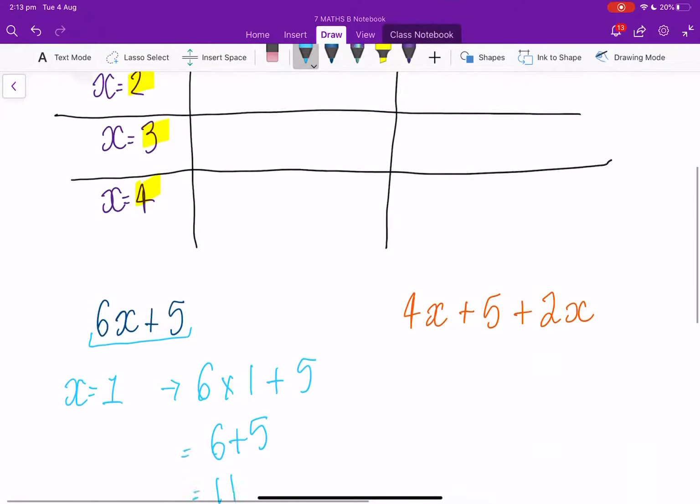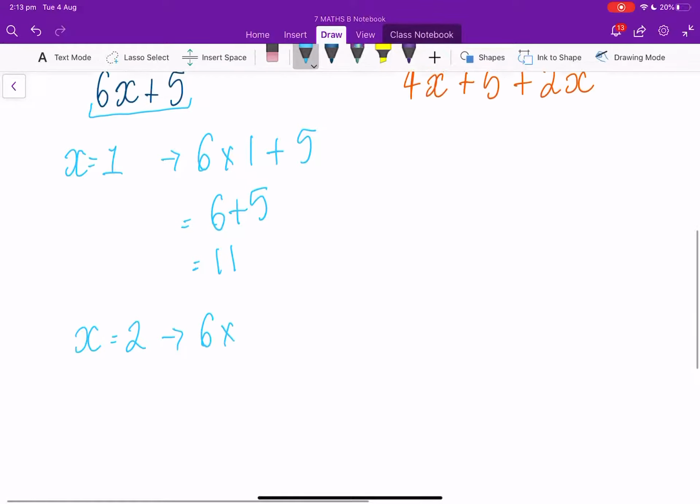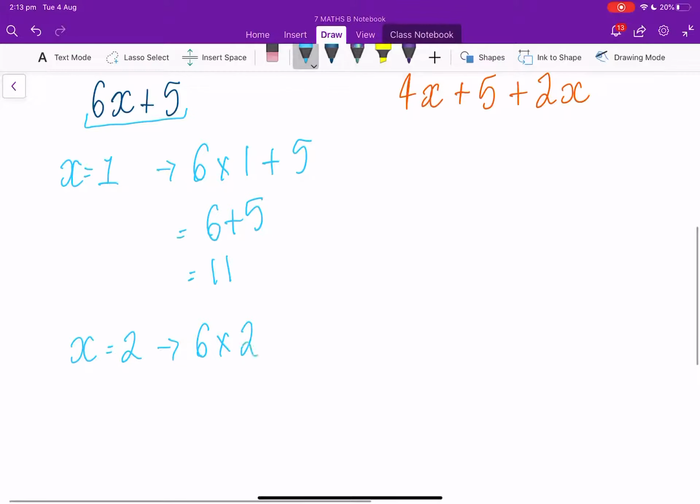Let's do for the same expression when x equals 2. 6 times 2 plus 5. 6 times 2 is 12. When I add 5, I get 13. No, sorry.